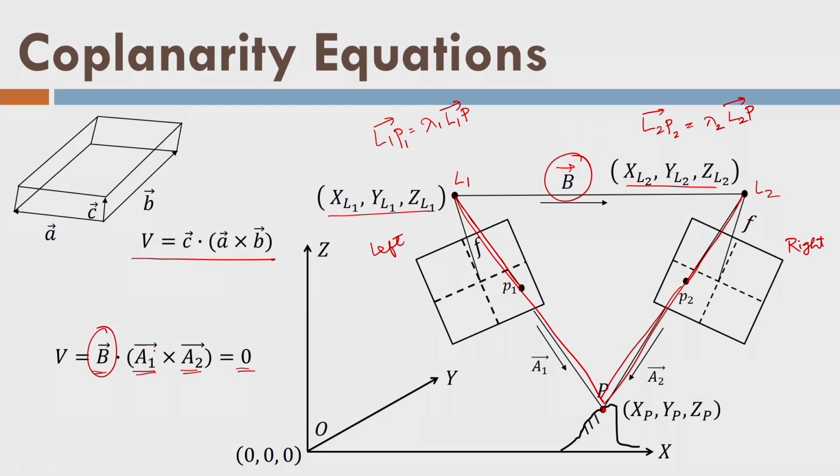And so, this is A1 vector here, what I am writing here is L1P, and here it is L2P. Now, using the collinearity equation that we learned, I can write L1P in terms of image coordinates of the left image. Similarly, I can write L2P in terms of right image coordinates like this.